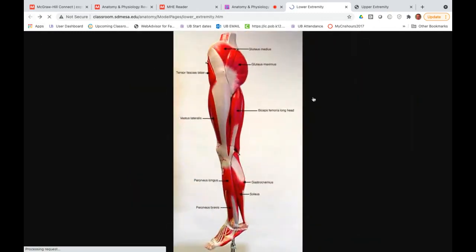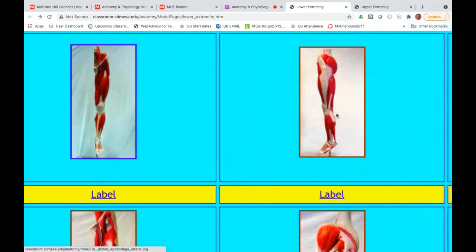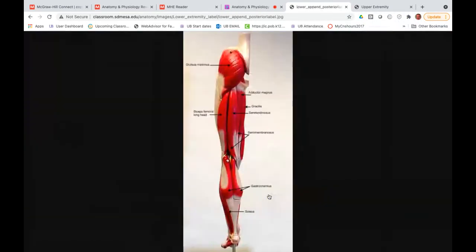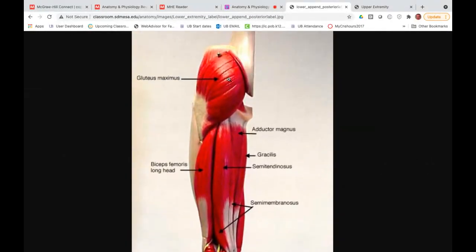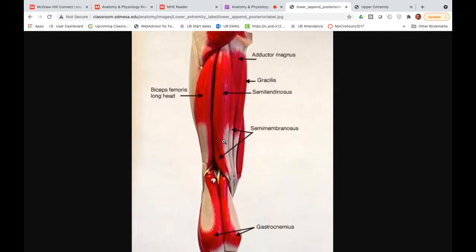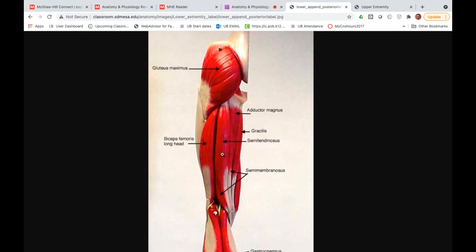Okay, let's go back and let's look at the posterior side here. So we looked at the front, we looked at the side. Now let's take a look at what we can see superficially from the posterior side. So here's the lower lumbar, here's the sacrum, this is the left lower extremity. Here's the gluteus maximus, primary hip extensor, and now we can see the hamstrings in the back. There are 3 hamstrings.